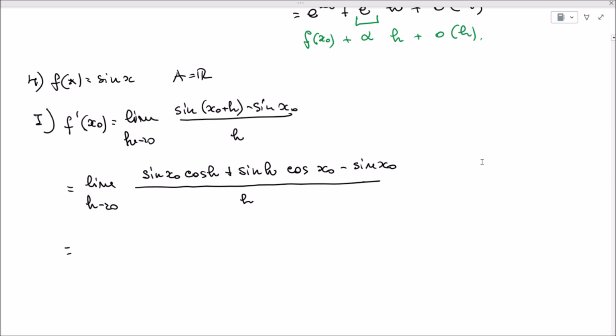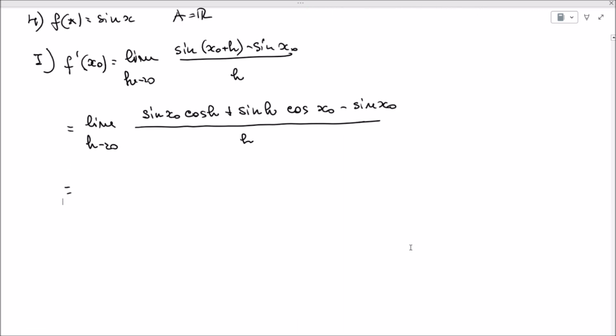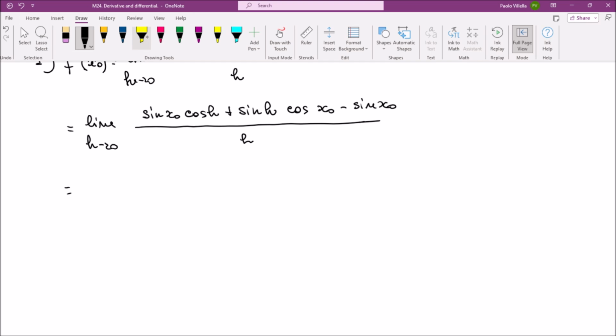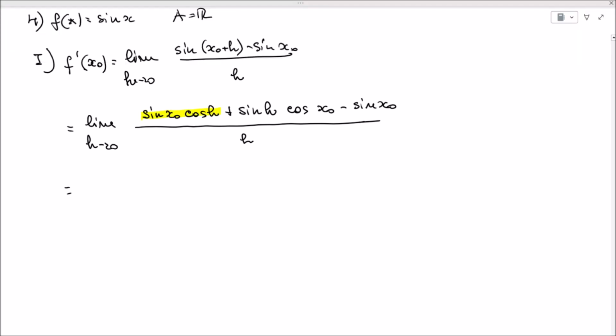And now, you see these two terms, this term and this term, right?